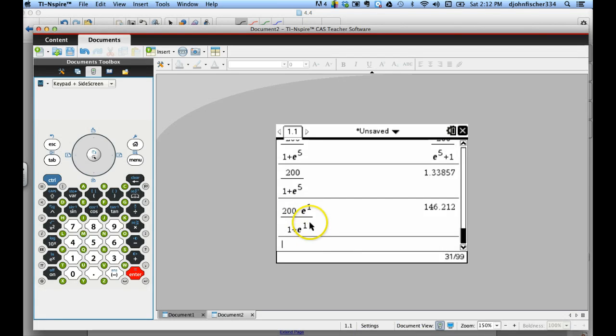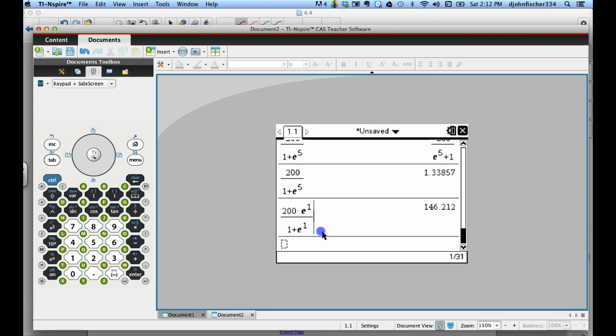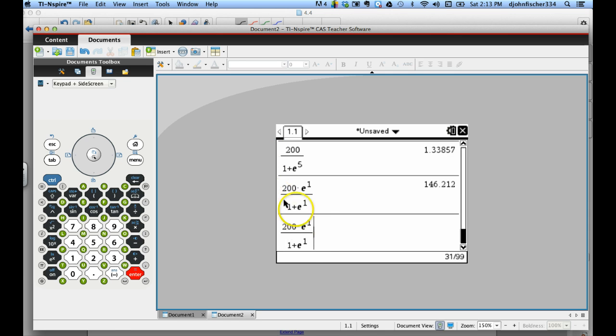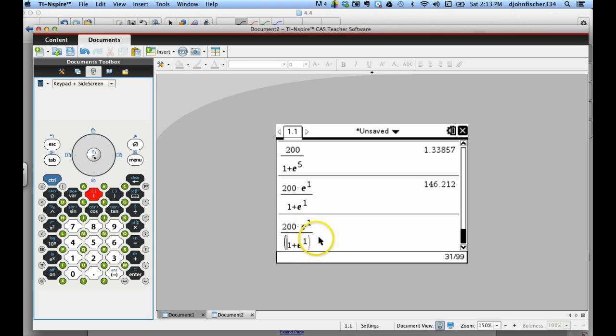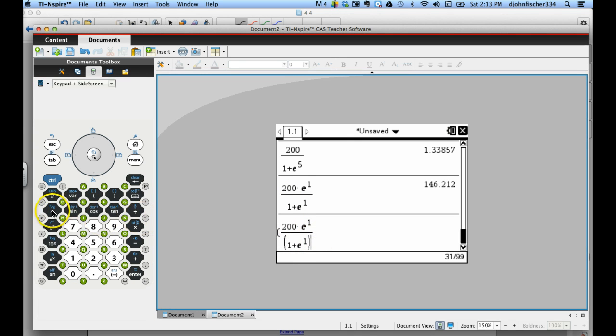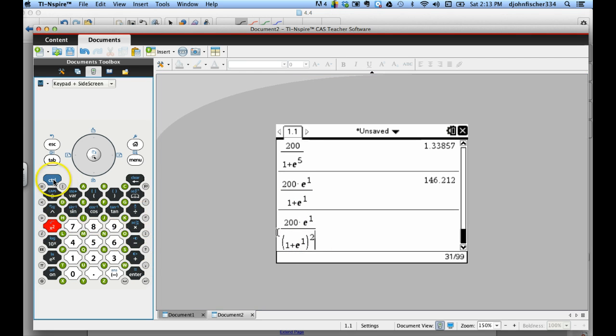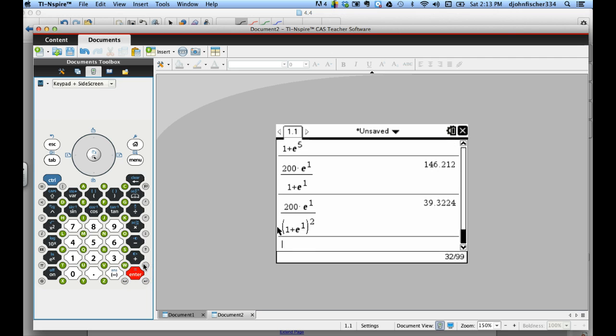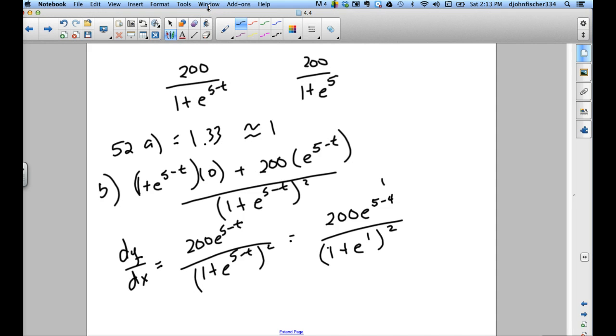I forgot to put that one on. And if you remember the formula, I forgot to put this into squared terms. Squared. Let's see what the answer is then. 39.32. Oh, that's pretty good. So approximately 39 students. So, okay. How fast is it spreading? About 39 students per day.